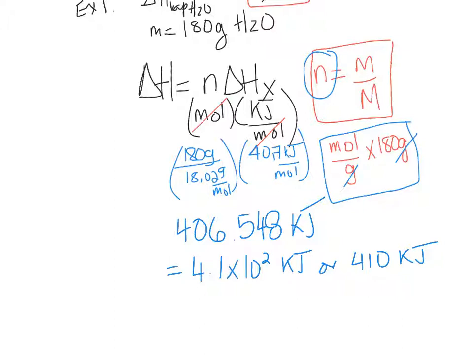Using appropriate scientific notation and significant digits, it's about 410 kilojoules. What is that for? If you had to write a sentence for this, what would you put in as a sentence to include that amount? What does this represent?